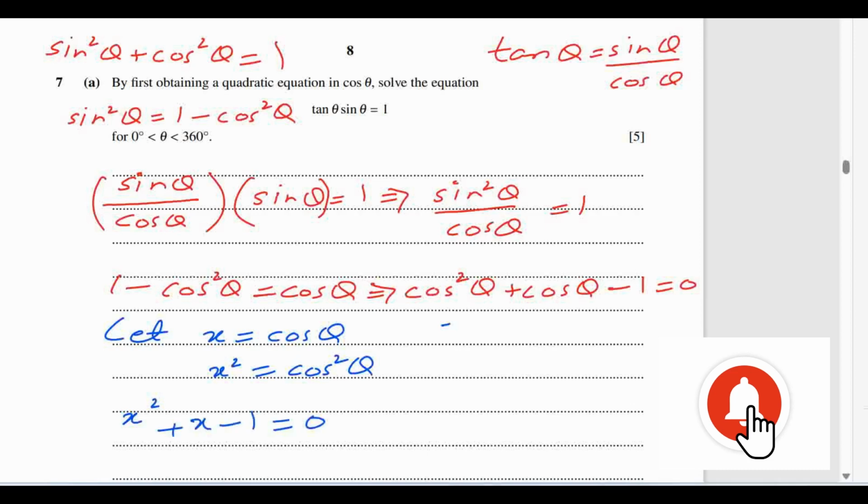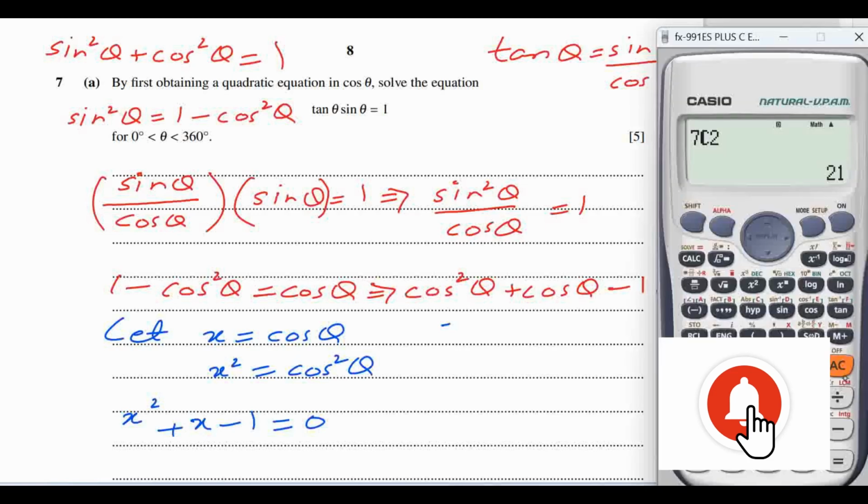Now we can use the quadratic formula. Here a is 1, b is 1, and c is minus 1.